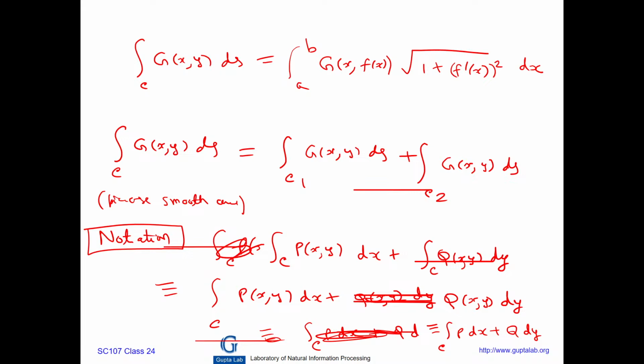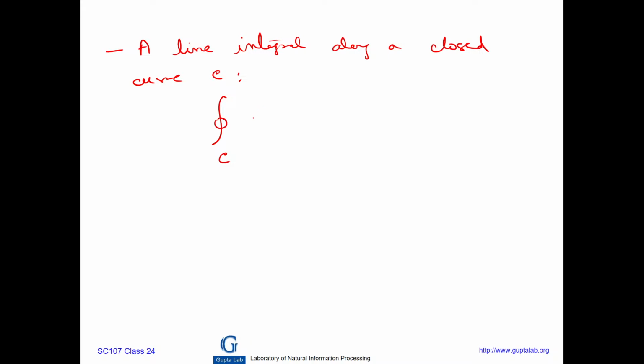Also another shorthand notation. A line integral along a closed curve C is denoted by integration along C of P dx plus Q dy.